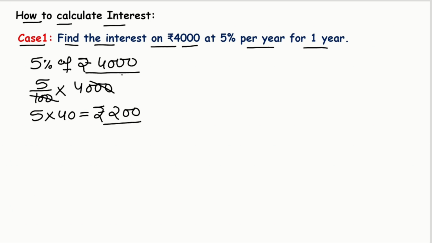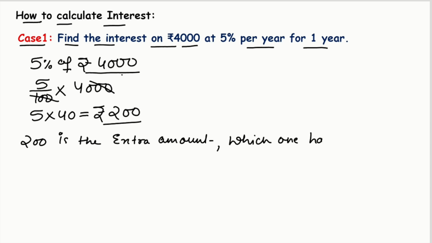So what is this 200? 200 is 5% of 4,000 and 200 is the extra amount which one has to pay. Extra.